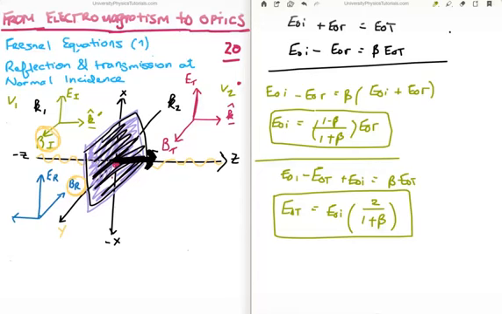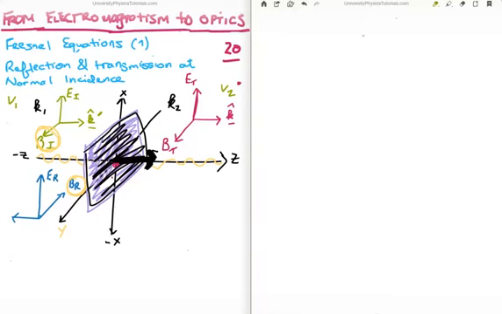Now, can we play around with these? Is there any way we can rewrite these? So just bear with me for a moment. Once again, it might be worthwhile noting these two equations on your own sheet of paper. But I'm just going to show you what happens if we do a small bit of analysis here. These results are very similar to those you would get if you looked at waves on a string.